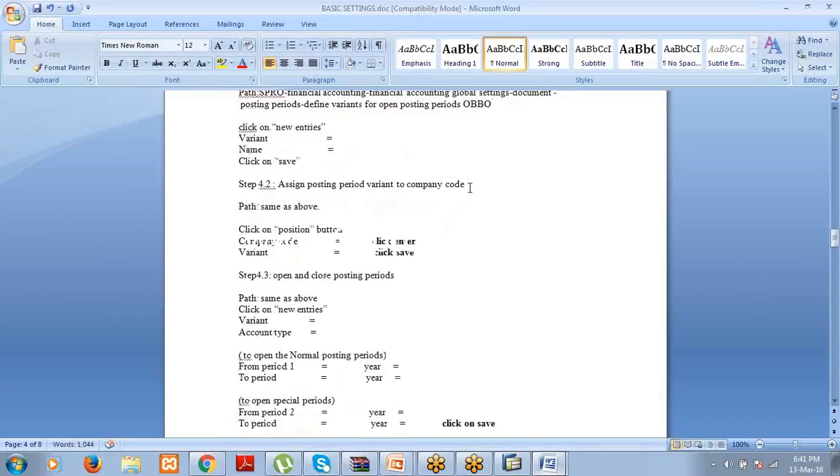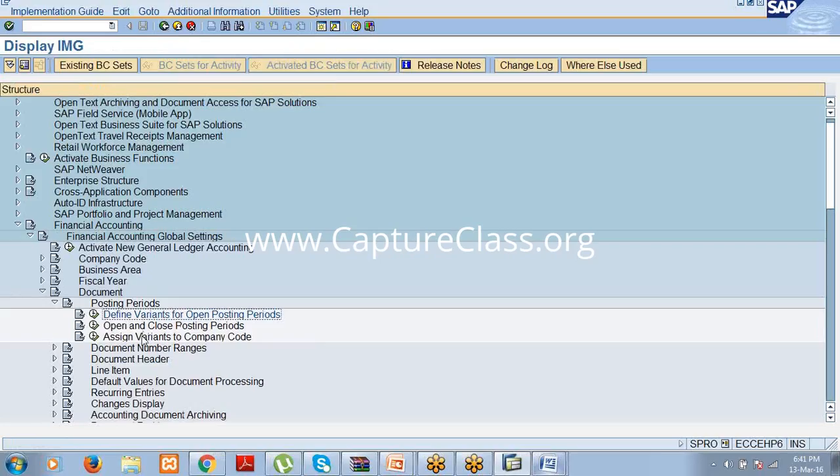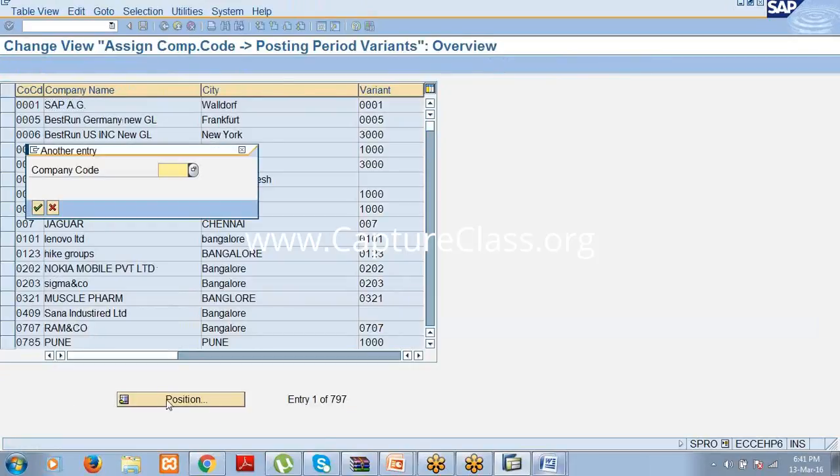Assign posting period variant to company code. Transaction code is OBBP. Path is same as above. See, assign variants to company code. Click on position.